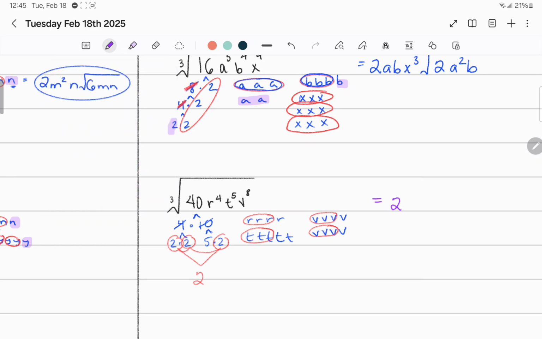So 2 on the outside, I have a single group of R's, a single group of T's, and then I have 2 groups of V's, so V to the power of 2. Left over, I have just the 5, R, T, T, V, V. So we have 5, R, T to the power of 2, V to the power of 2 left over.